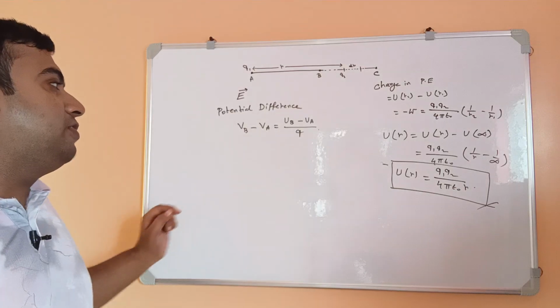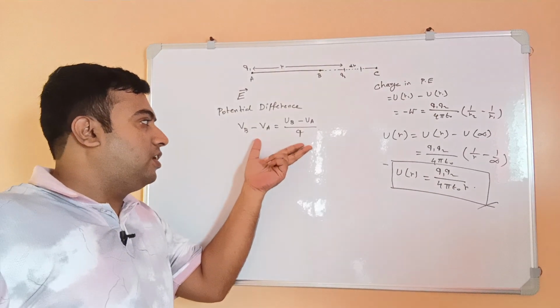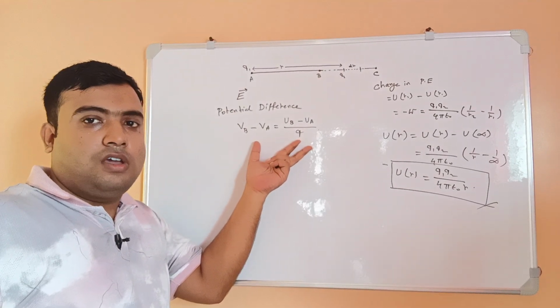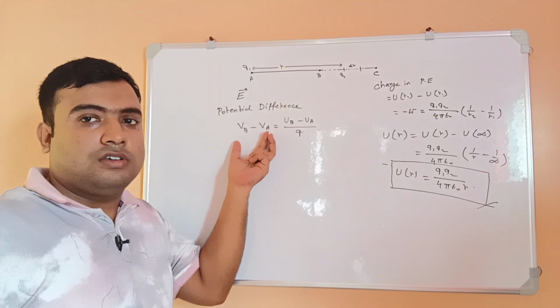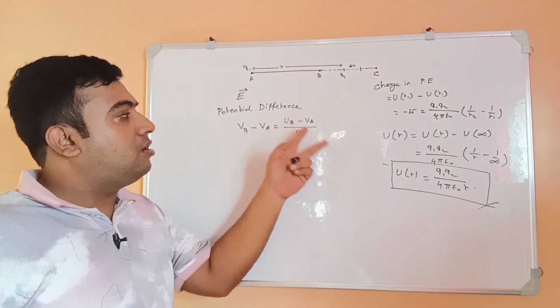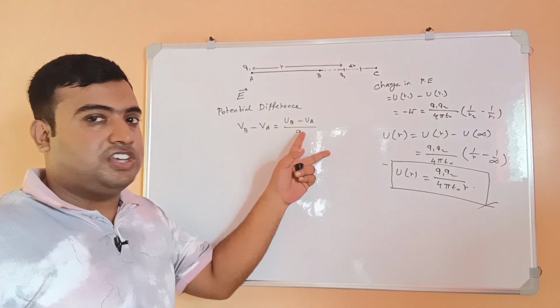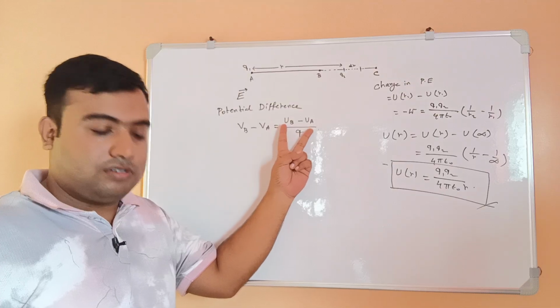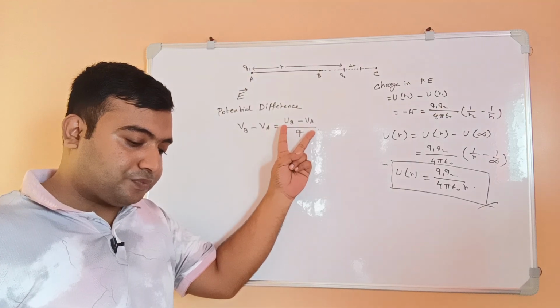Conversely, we can say that if a test charge moves along a potential difference, the potential of the two points changes by this.